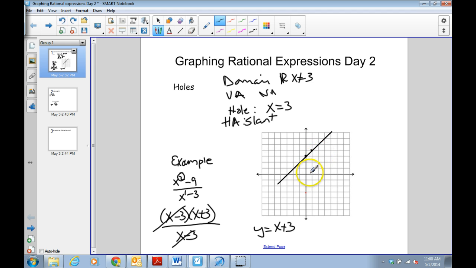Okay, at 3, here's 3 over here. Go up to the line at 3 and draw an open hole there. Sorry about that. Okay? So a hole is where this line is continuous right up until you get to 3, and then it has to jump over a gap and then continue going. It's a select point that it cannot be. It's undefined at that point.